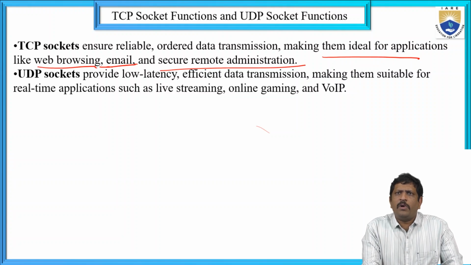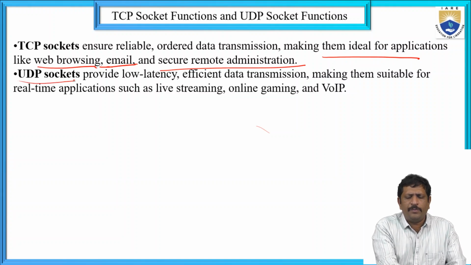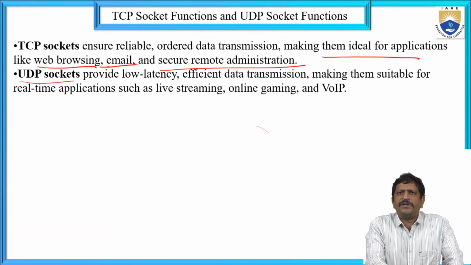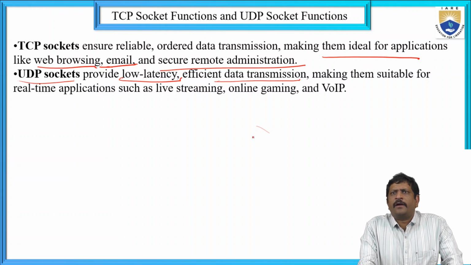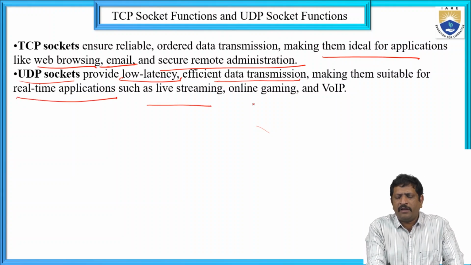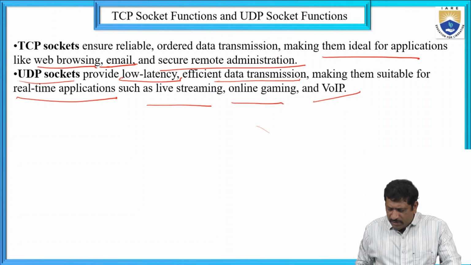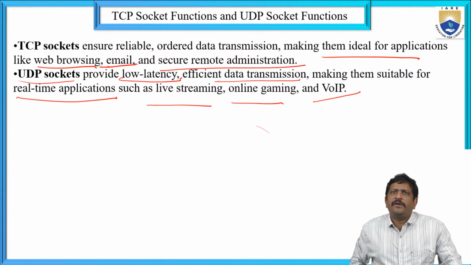This is the outcome of TCP socket functioning. For UDP socket functioning, the outcome is low latency and very efficient data transmission, because UDP is connectionless while TCP is connection oriented. This makes UDP suitable for real-time applications such as live streaming, online gaming and VoIP, voice over internet protocol. These are the outcomes of TCP and UDP socket functioning.